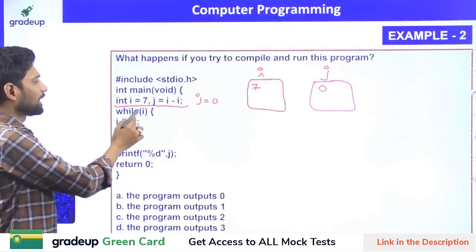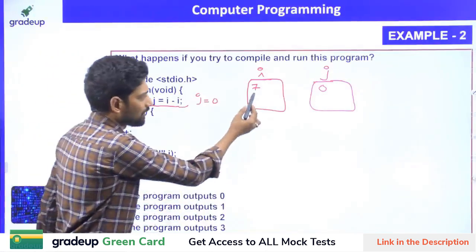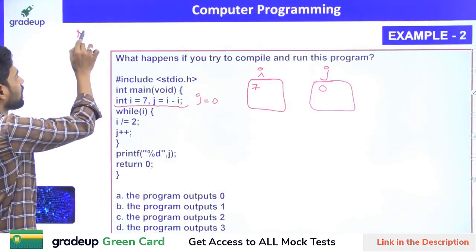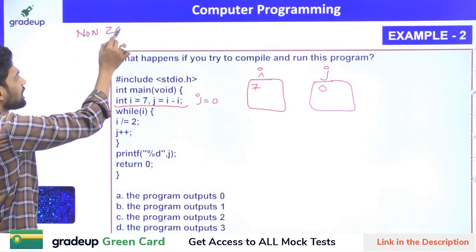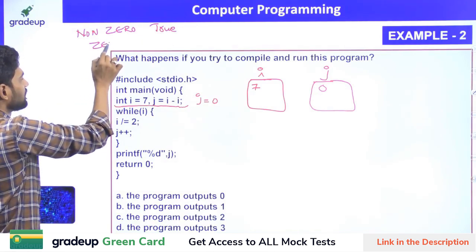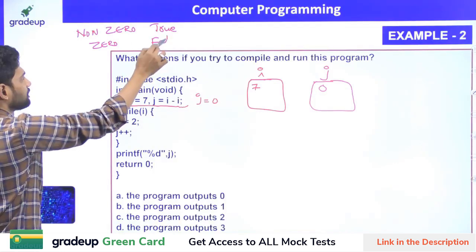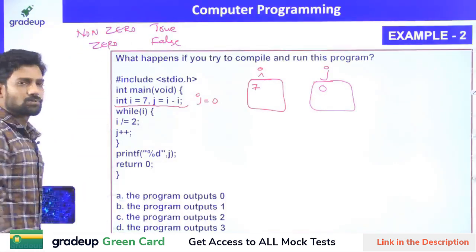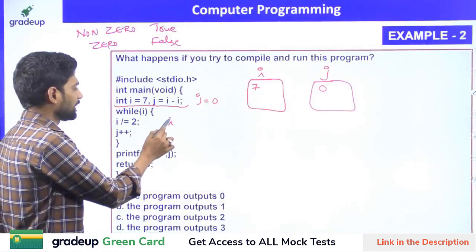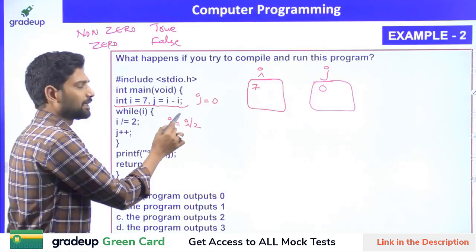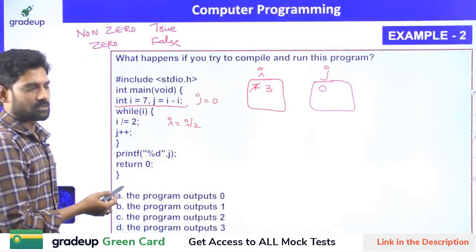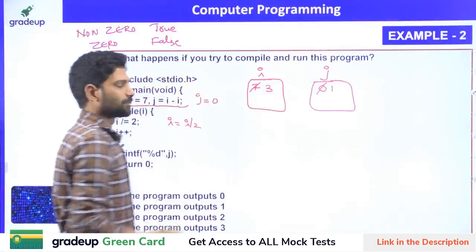Then while i, so what is while i? While 7: any non-zero value is considered to be true, 0 is considered false. So while 7 means true, i is equal to i divided by 2, so i becomes 7 by 2, 3. j++, j becomes 1.